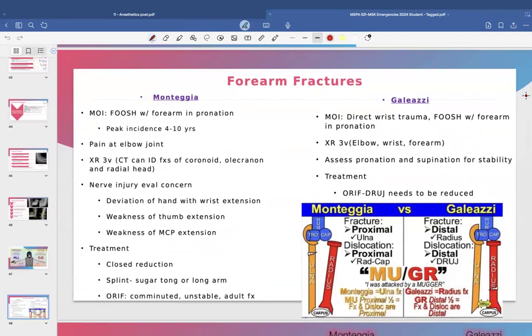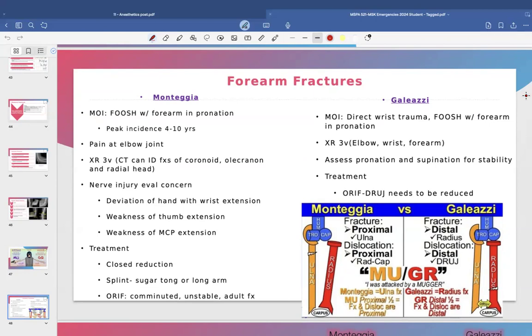Big things here. Your Monteggias can be reduced. Usually they're gonna question you on where the fracture is, so if it is proximal or distal, and if it's your radius or your ulna.